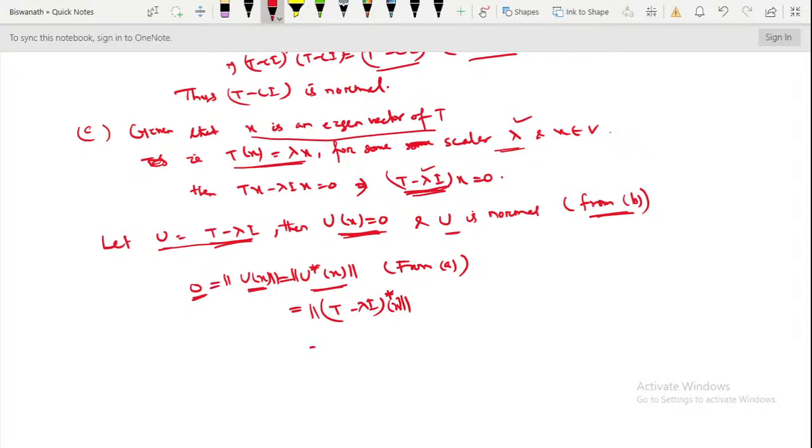This is your (T star minus lambda bar I) of x. So what is that? This is T star x minus lambda bar x, where lambda bar is just a scalar. So norm of T star x minus lambda bar x, and this norm is equal to 0 because the left hand side is 0.